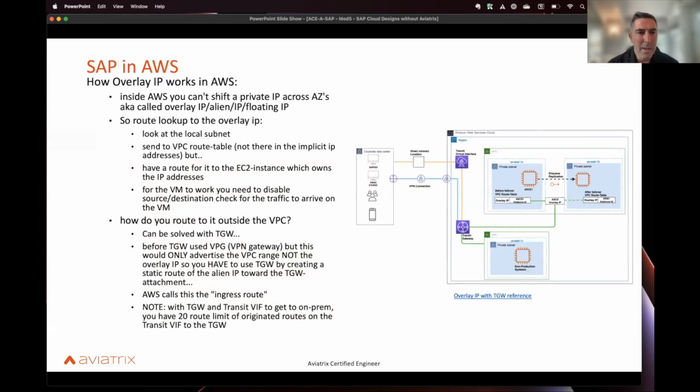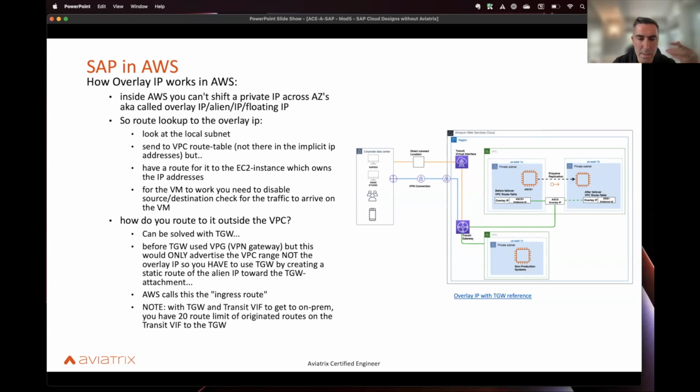One of the main components of SAP in terms of what you need to connect into it, and one of the fundamental problems with high availability, is this: when you have an AWS region, you have AZ1 and AZ2, and depending on which region you're in, you can have many AZs.